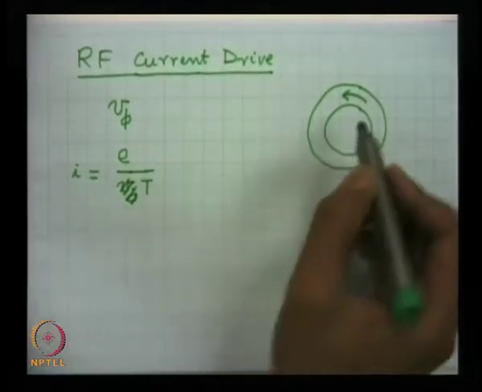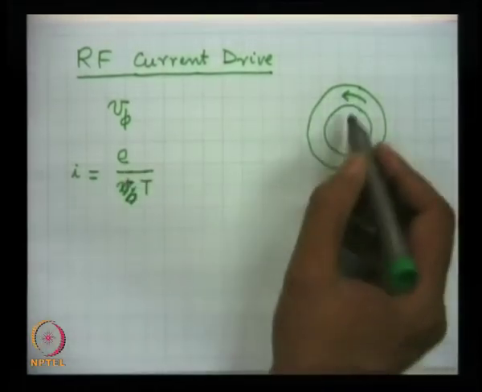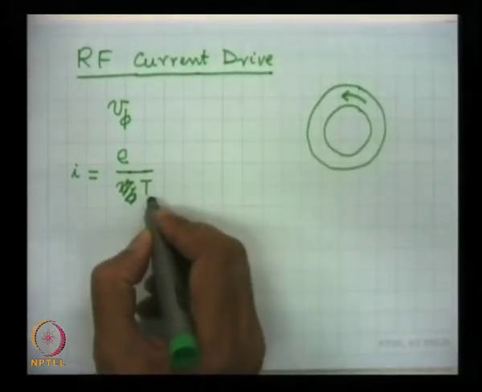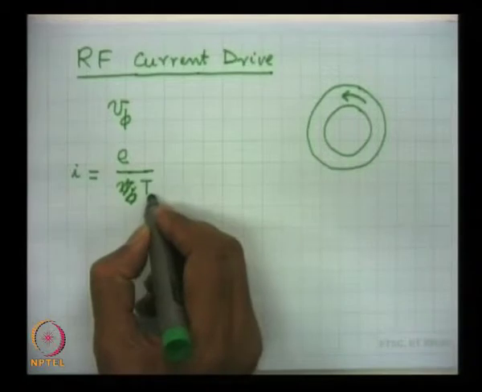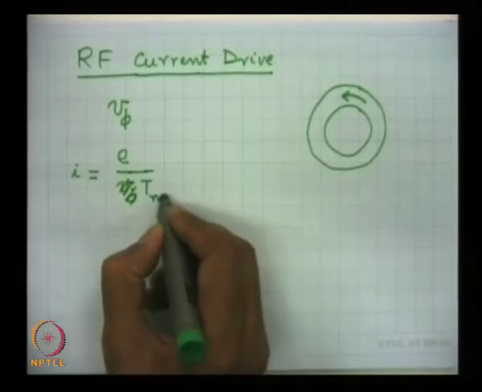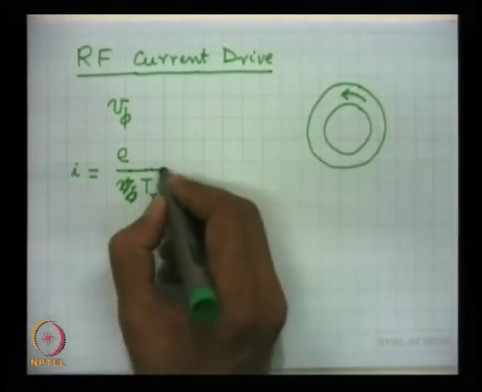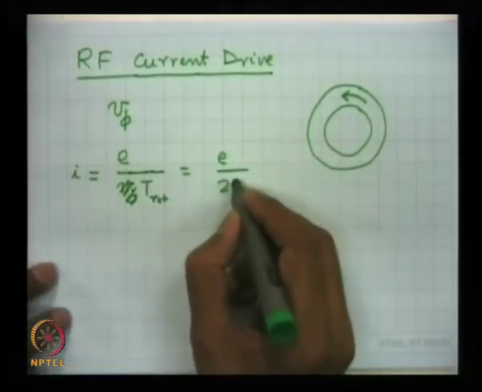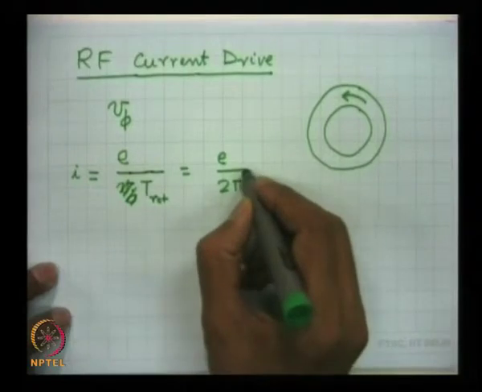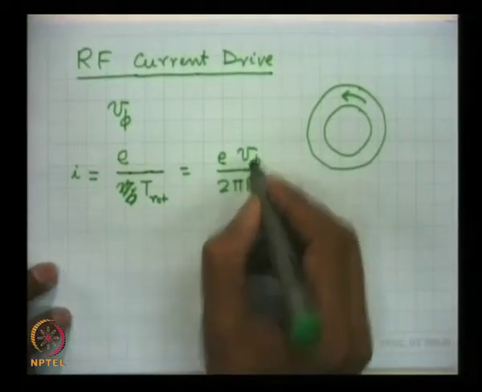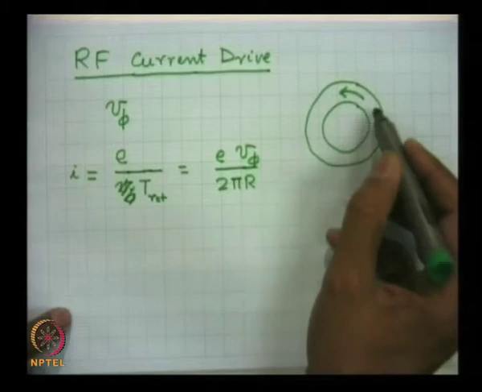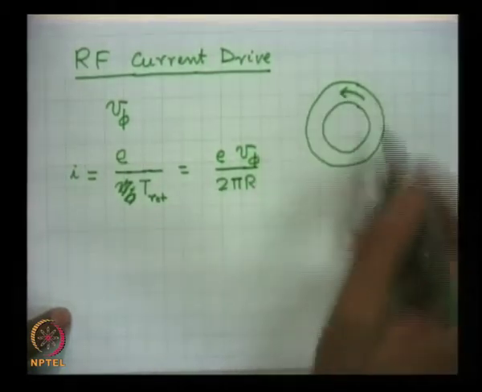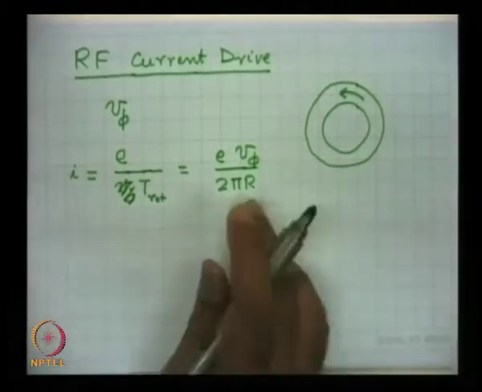A charged particle of charge E, if it is rotating, making one circle complete in time t, which I call rotation time Tr, rotation period, the current can be written as E upon 2 pi r upon v phi, because the time it takes to go round once is equal to the distance it has to cover divided by the velocity along the line of force. So, typically this is the quantity.